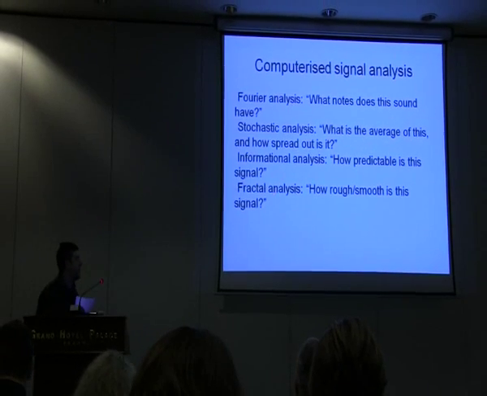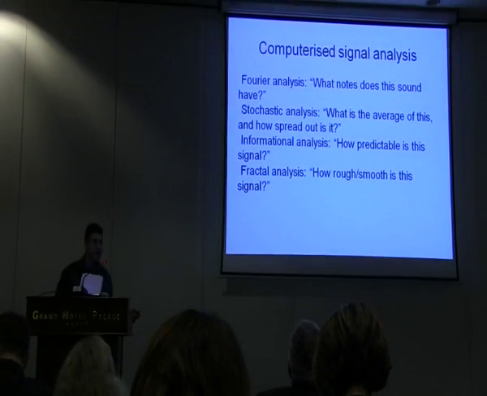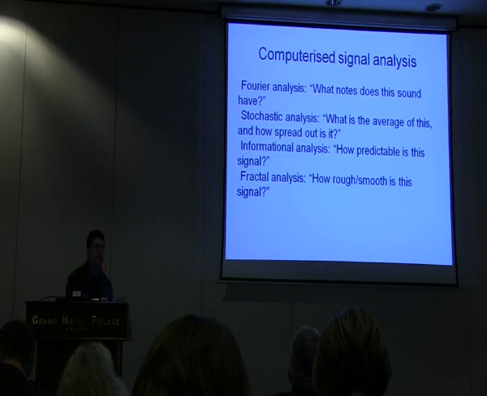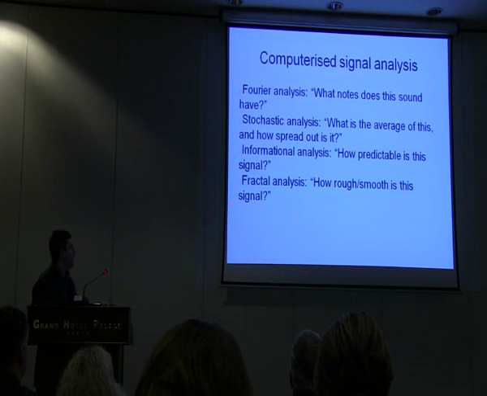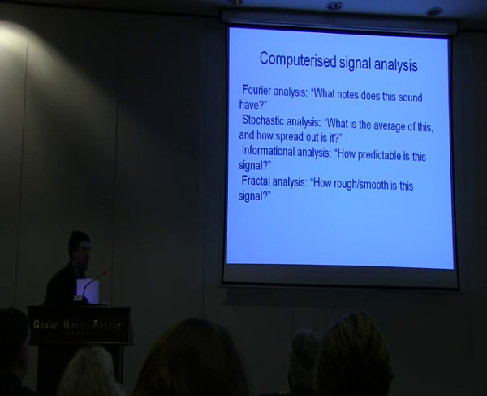With an informational analysis, we can find out how predictable it is and how much each future sample can be predicted by the ones that came before it. And with fractal analysis, which is my personal area of expertise, we can more or less categorize how rough or smooth a certain shape is.